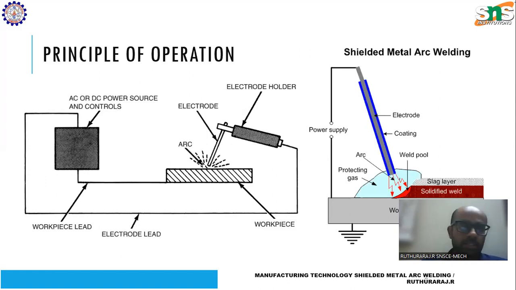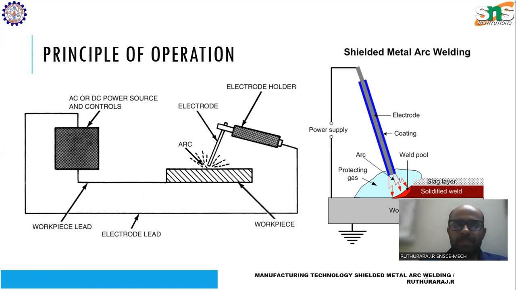The main parts are, first, a generator. Based on whether it's an AC or a DC welding process, a generator will be used as the power source, and then there will be the electrode holder. From the power source, the current travels to the electrode holder, then to the electrode, and the workpiece will be attached to the negative pole, a grounded pole.